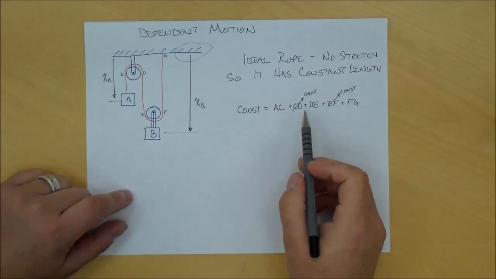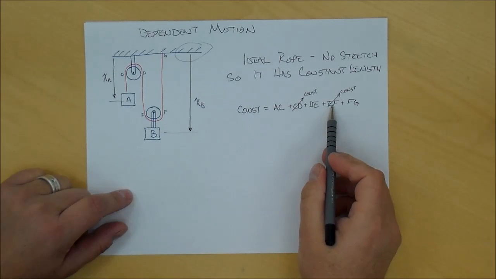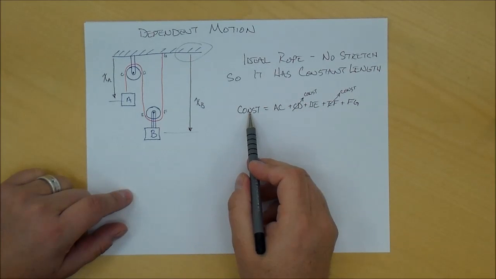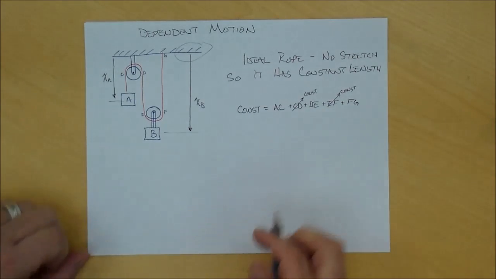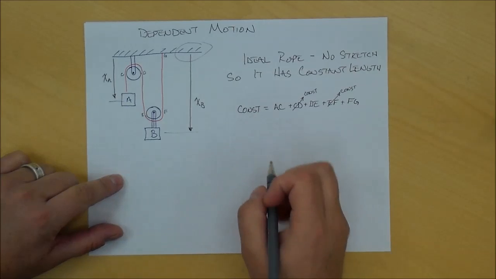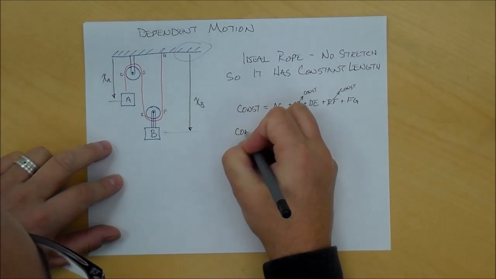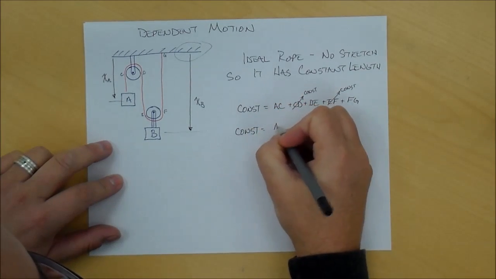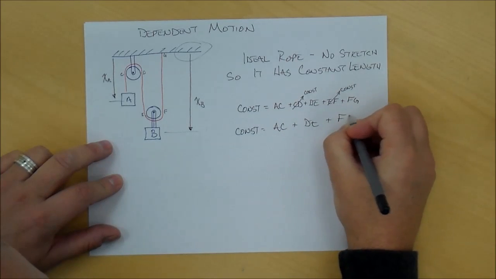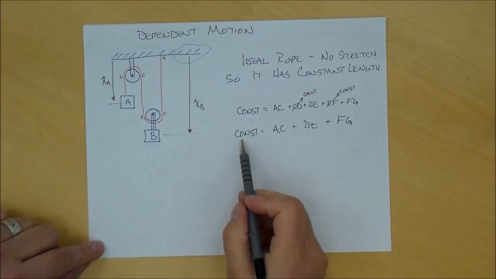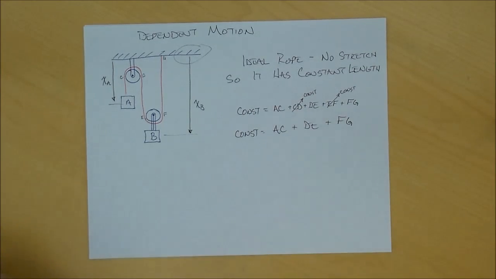What I'm going to do is subtract those from this side of the equation and lump them in with this constant. We don't know what these distances are, and we don't need to know them. That's the point, as you'll see in a moment. So I can rewrite this as a constant equals the distance AC plus the distance DE plus the distance FG. This constant is a new one and incorporates these two, as I already pointed out.